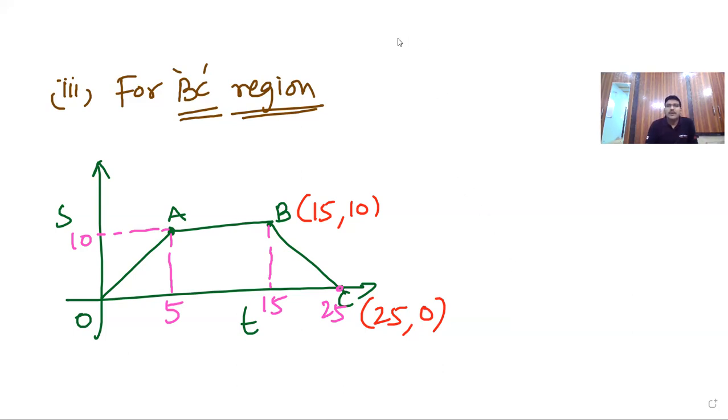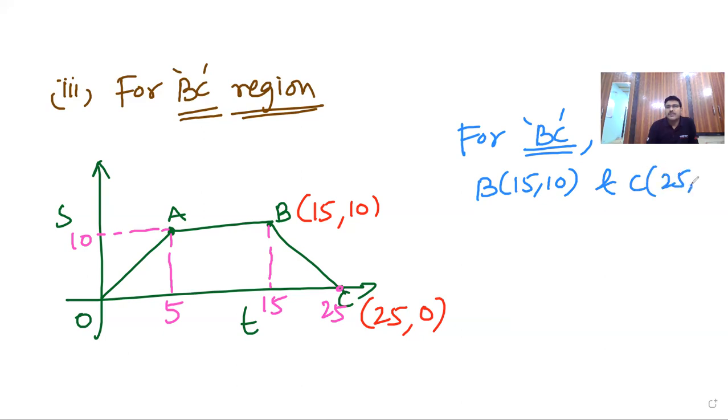So for BC, B coordinate is 15, 10 and C coordinate is 25, 0. If I assume B is x1, y1 and C is x2, y2.